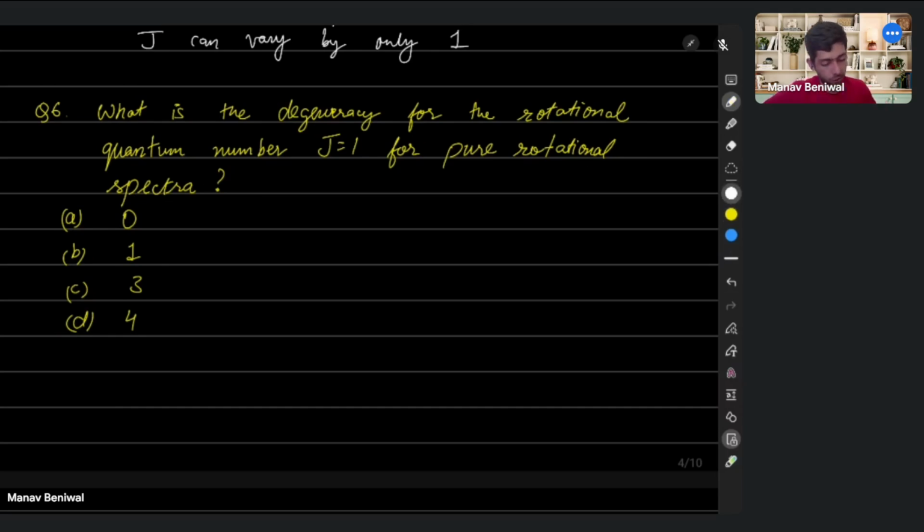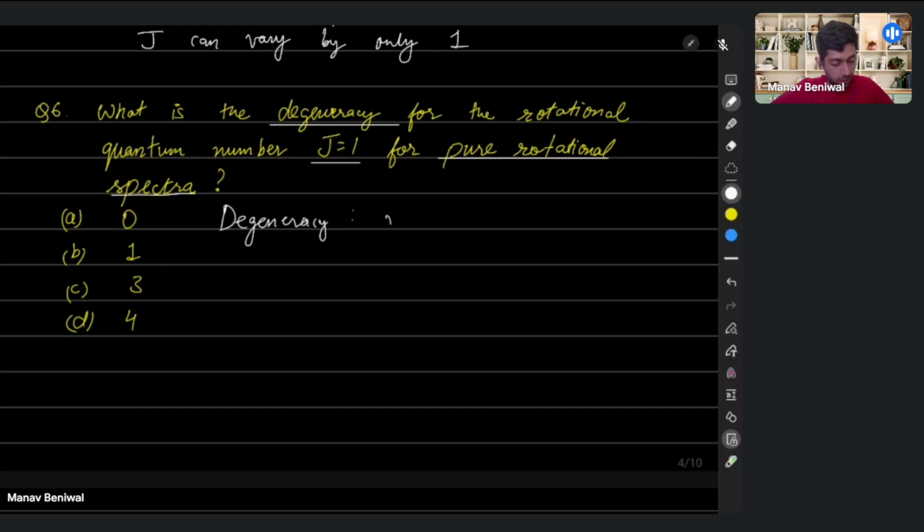Okay, so the question asks, what is the degeneracy for rotational quantum number J equal to 1 for pure rotational spectra? So what is degeneracy? All of us know what is degeneracy.